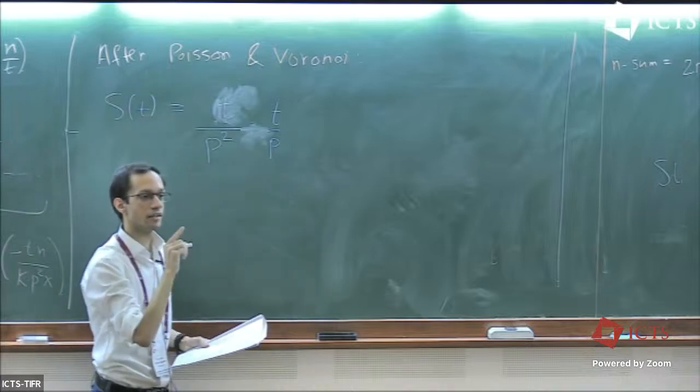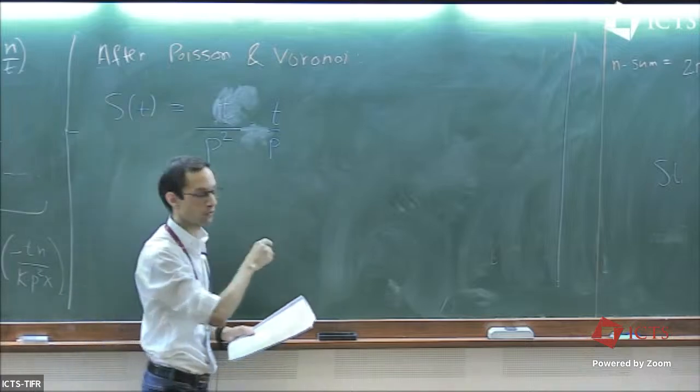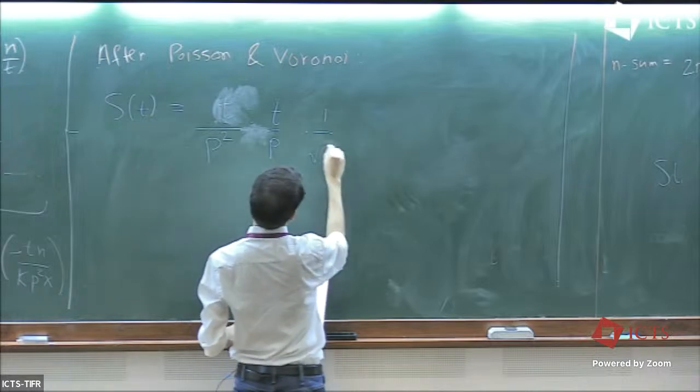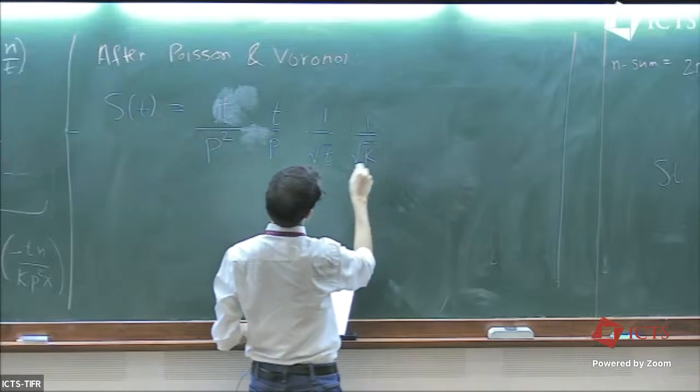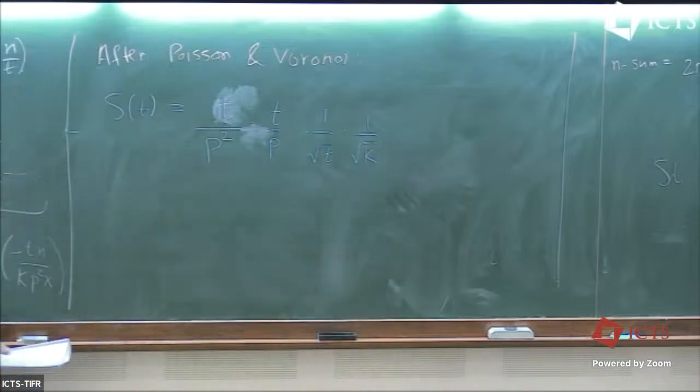Okay. In the integral analysis of the Poisson formula, you had a 1 over square root t, and in the integral analysis of the Voronoi formula, you had a 1 over square root k. So these are the sizes that you end up having.